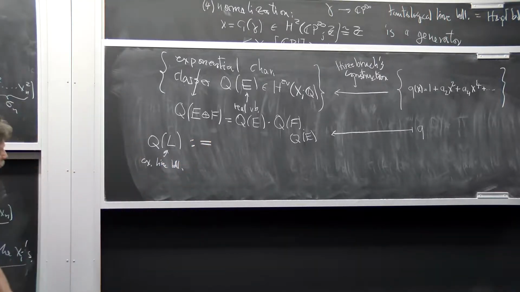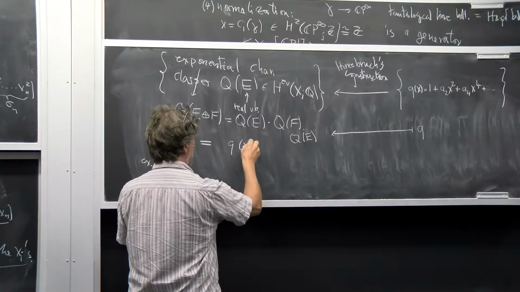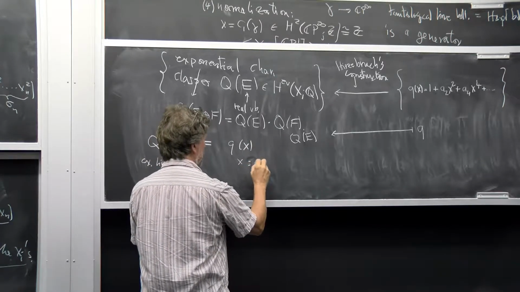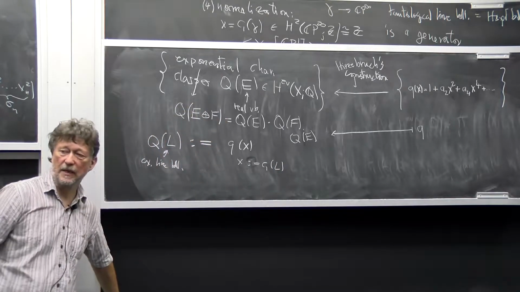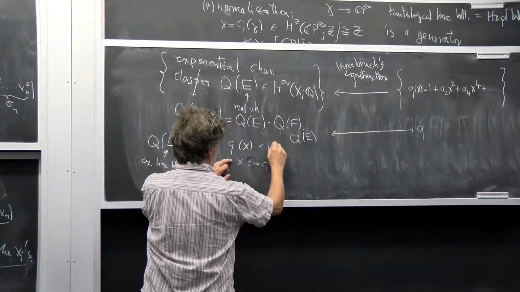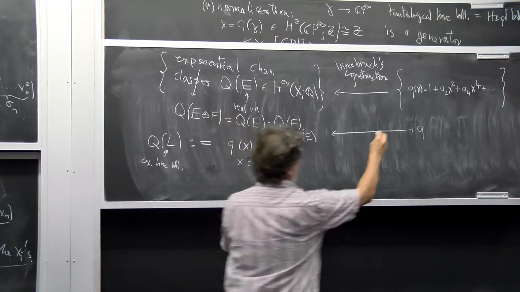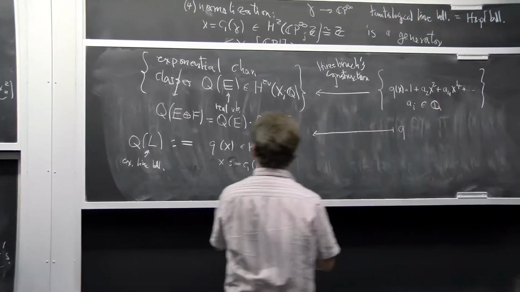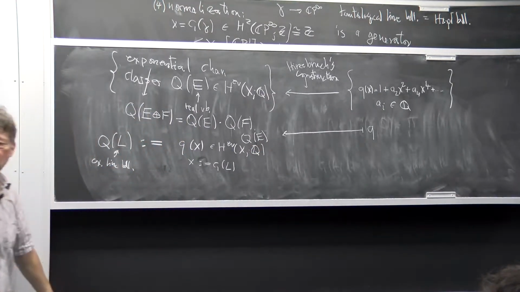Well, that's going to be just this power series q of x, where now I think of x as being the first Chern class of this line bundle. That makes sense. And then this one here is an element in the even cohomology of X with rational coefficients. I should have said the coefficients here I'm thinking of as rational numbers. So I end up with a cohomology class with rational coefficients.